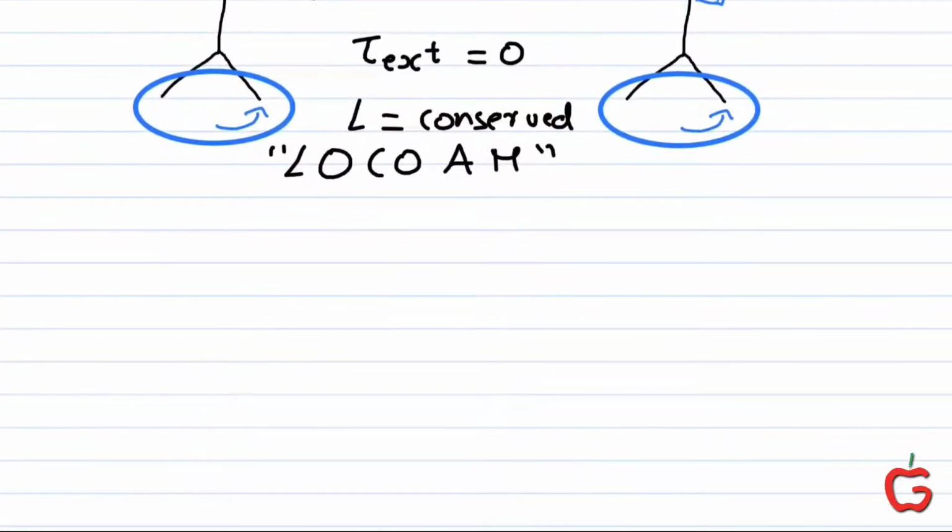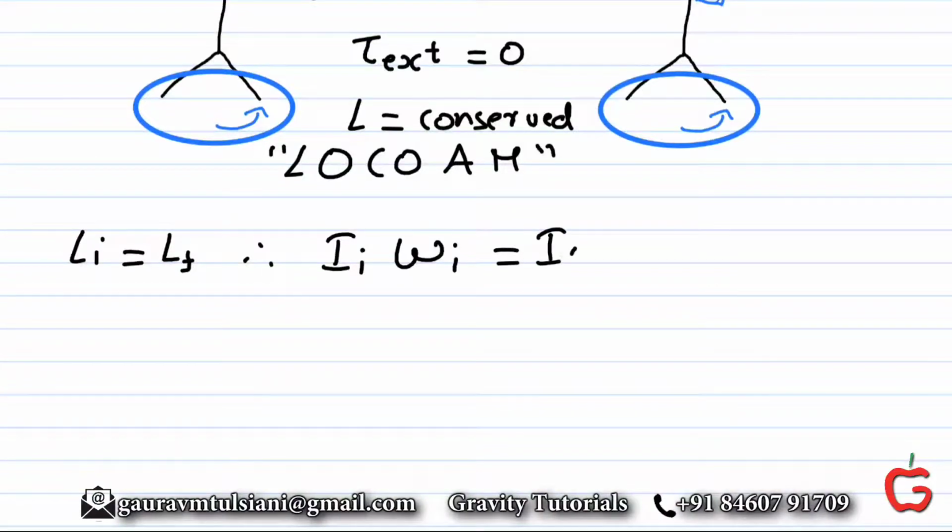Initial angular momentum and final angular momentum are the same. Initially there are two things, the man himself and the masses. So initial moment of inertia times initial angular velocity is final moment of inertia times final angular velocity.